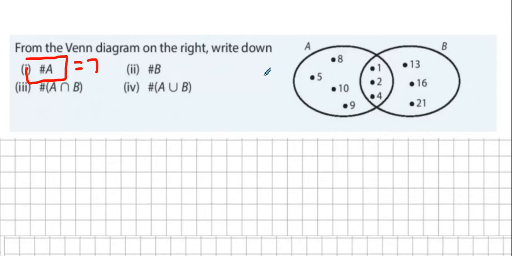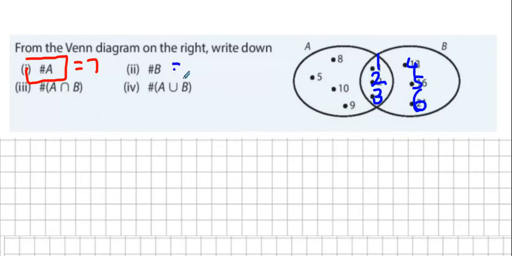No, but the answer is still 7. The hashtag. I know. Lads, answer for B. Okay, B. Ready? 1 number, 2 numbers, 3 numbers, 4 numbers, 5 numbers, 6 numbers.